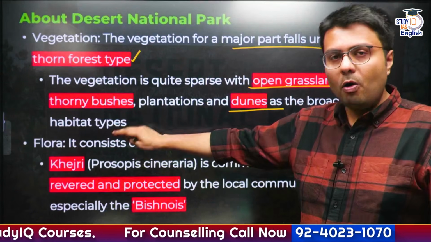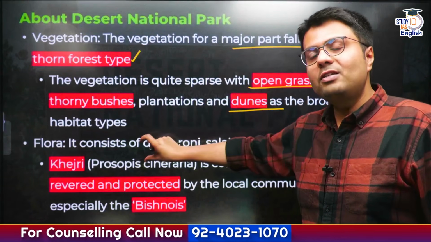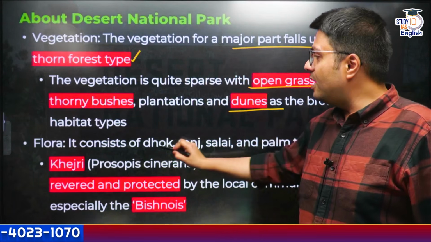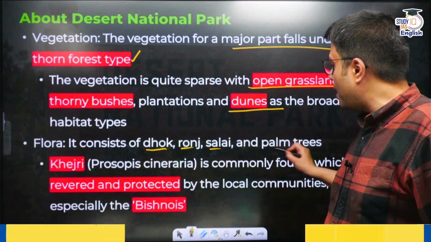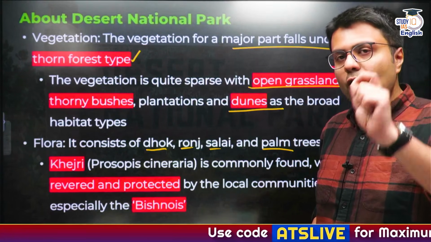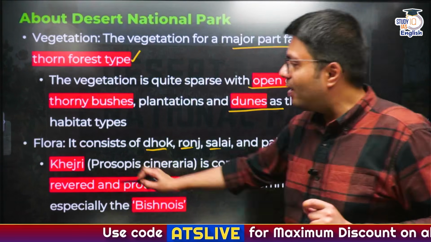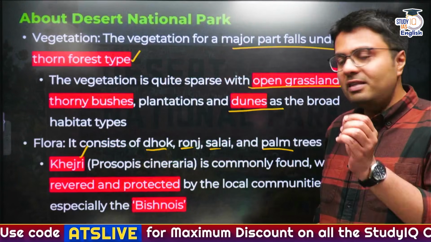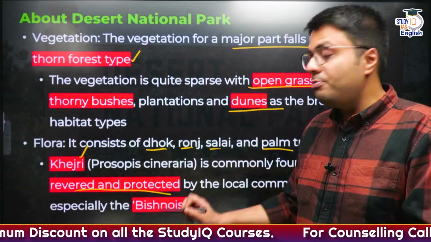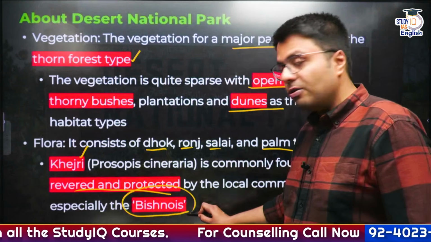Even the flora available in the region is very parallel to the vegetation dominant here. So you can find dhok trees, ron, salai, palm trees, etc. But the most important from the ecological as well as cultural perspective are the khejri trees. Now, khejri trees are protected trees which are revered by many local communities, particularly the Bishnois, right?